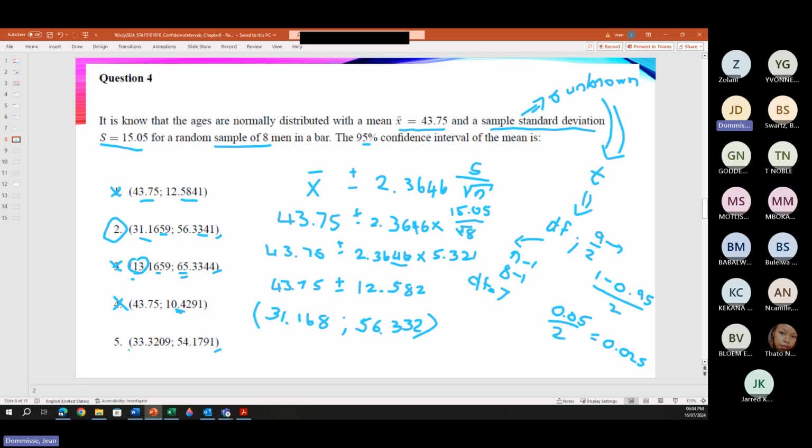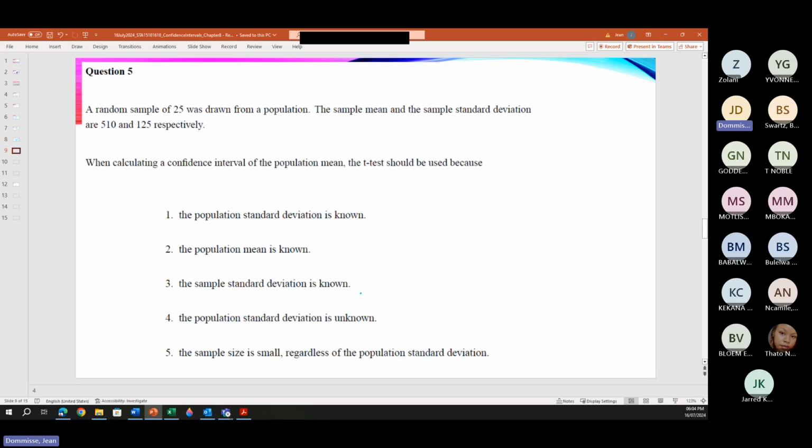Okay, so we've done one with the Z, we've done one with the T. So let's see what else is there. Okay, so a few definition type questions around the estimation of the mean.